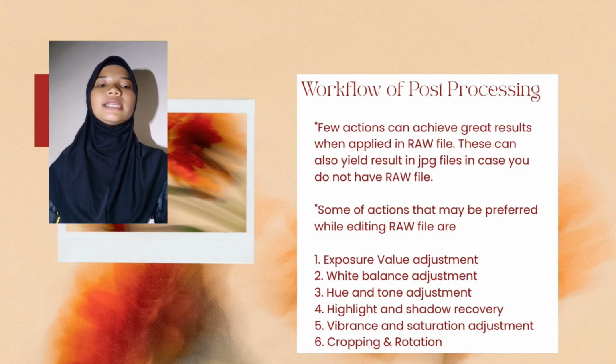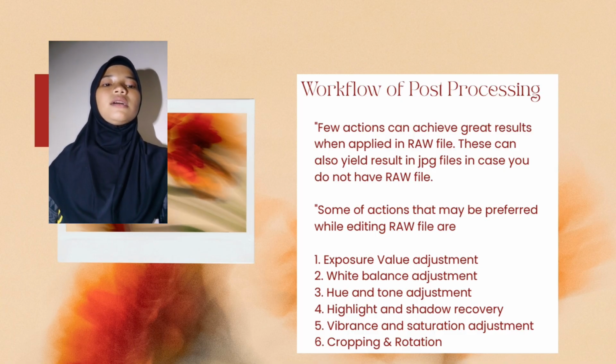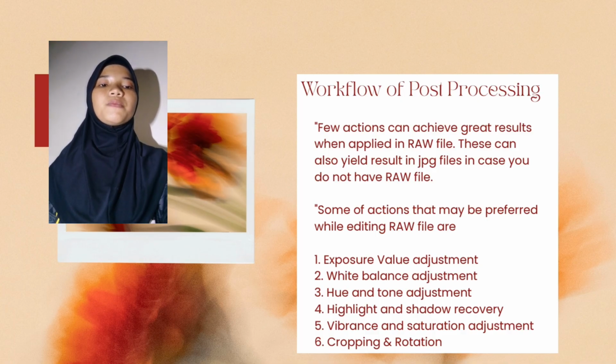Number three is hue and tone adjustment. Hue changes the color family. Tone changes its brightness and intensity. Example, turning a blue sky into teal or making skin tone warmer. The fourth is highlight and shadow recovery. It brings back details in very bright highlights or dark shadows.